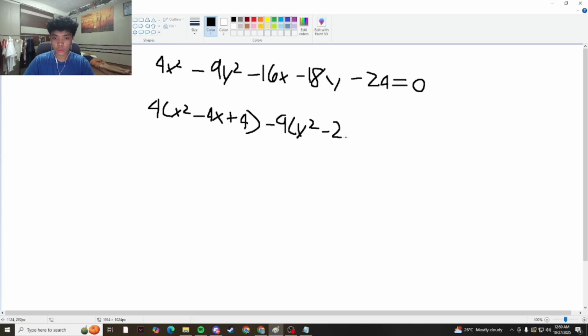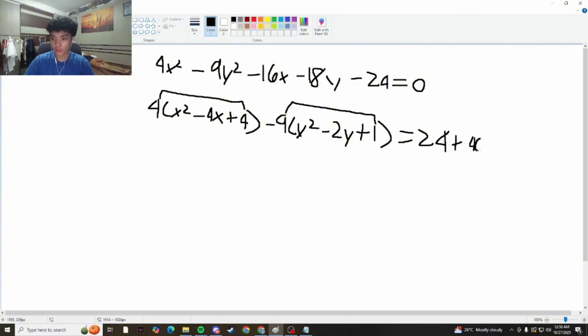So 9 times y squared minus 2y plus 1 equals 24. Now we can add this to the right hand side. So 4 times 4 minus 9 times 1. This is 16 and this is 9, equals 36.